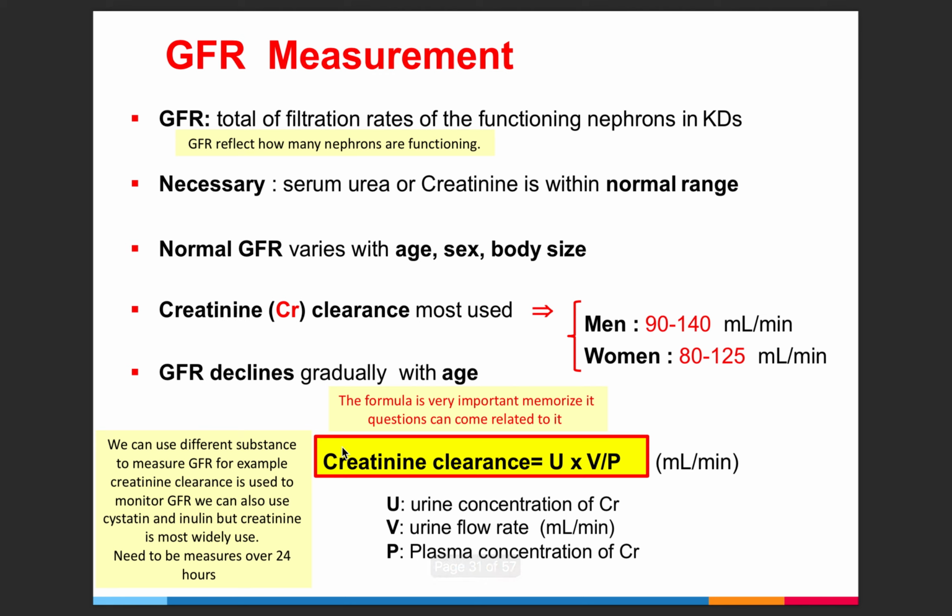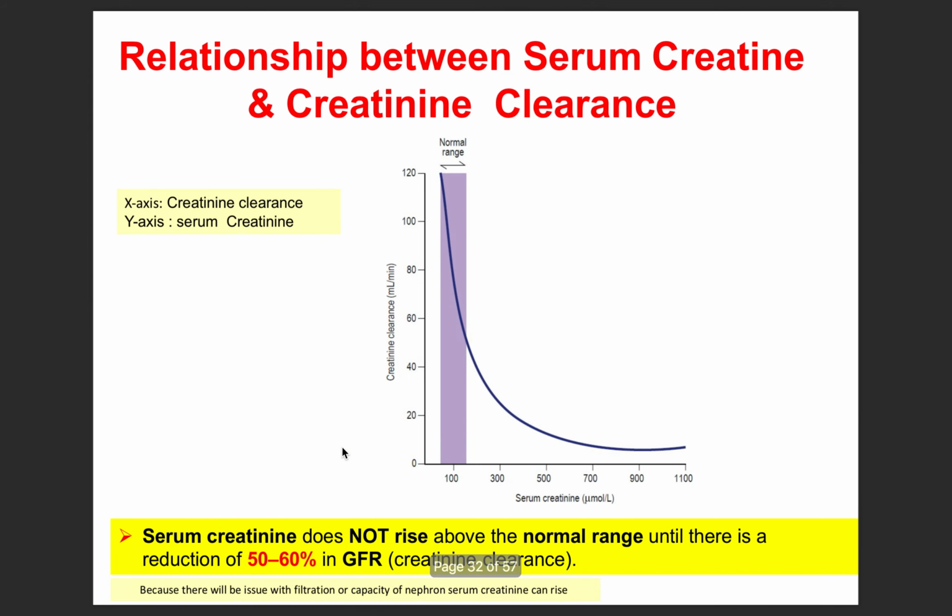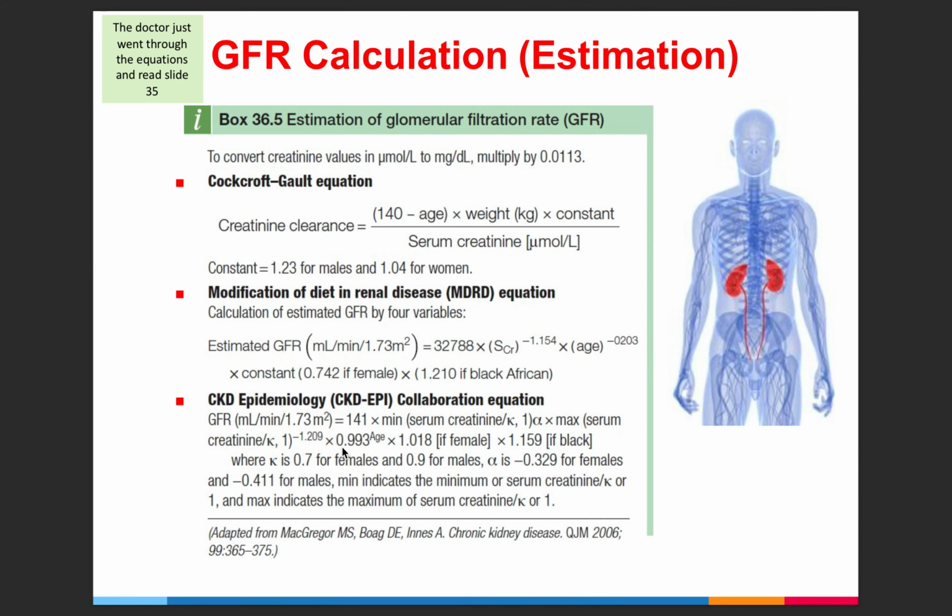So the GFR, glomerular filtration rate, as we said before, is the ability to excrete the urine and to get rid of the toxic material. Here is the formula to calculate the estimated GFR.